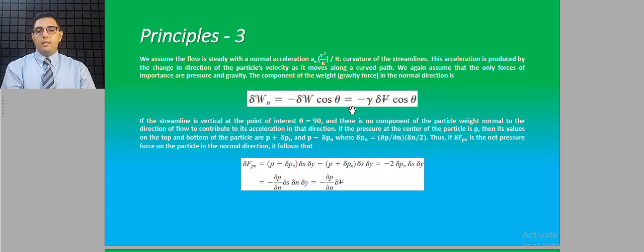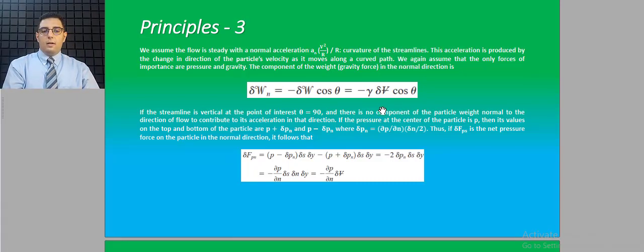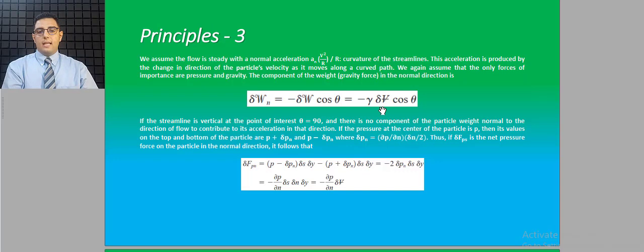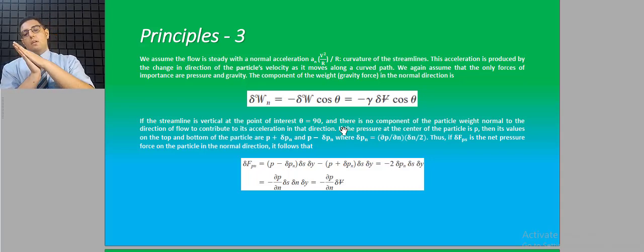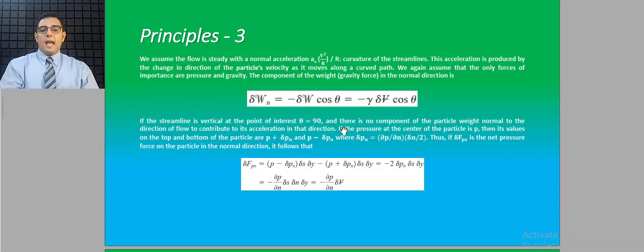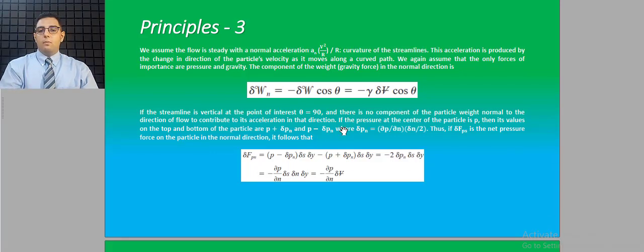As you already know, W is minus gamma delta V, because we have minus delta W, we have minus gamma delta V. The interesting thing is that when theta is equal to 90 degrees, which means the whole stream is along the horizontal line, along the streamline, we are not having anything to do with the normal weight component.